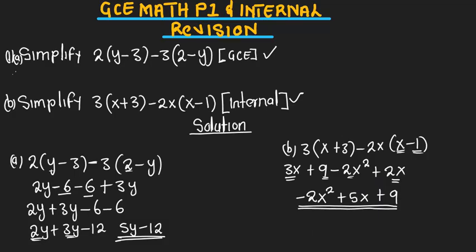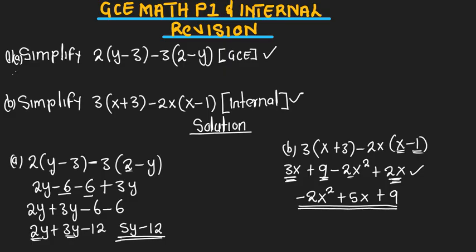Before you proceed, I think you should repeat where you collected the like terms. Okay, here. You have seen, you have got 3x. 3x is only a like term to 2x. Then this 9 is not a like term to anything because it's a constant.